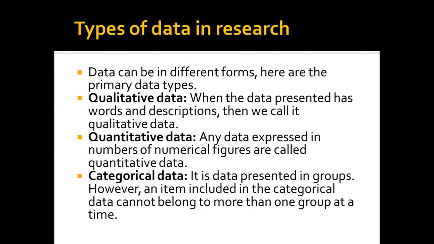Categorical means only two or three groups. Qualitative data is data that has words and descriptions, like all the interviews that will have words and descriptions. Then quantitative data is expressed in numbers or numerical figures. That's going to be our major focus in this analysis, in this class.